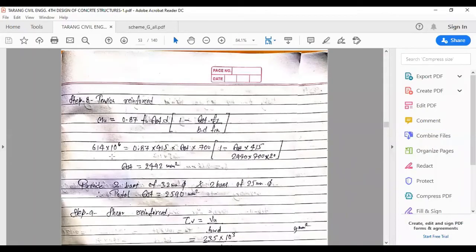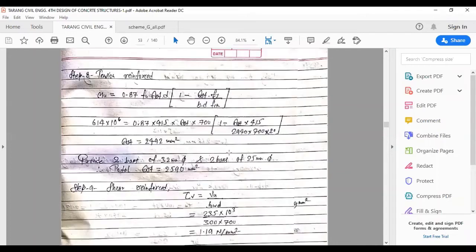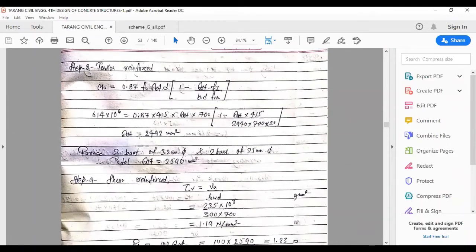And this value we have found out, 0.87 as it is. The value of Fy is 415. Area of steel we have to find out, and substituting the value of B as 2940, which we have found out, the value of D is 700. Fy is 415 again, and FCK is 20, it is given. So the value of AST comes out to be 2492 mm square.